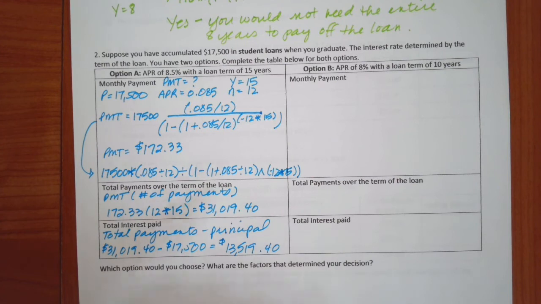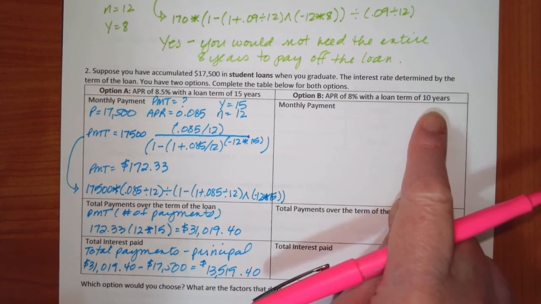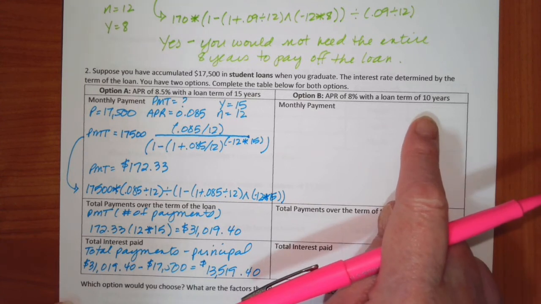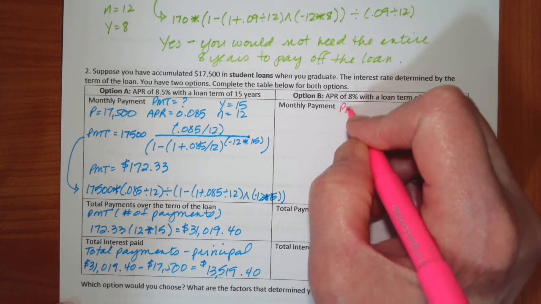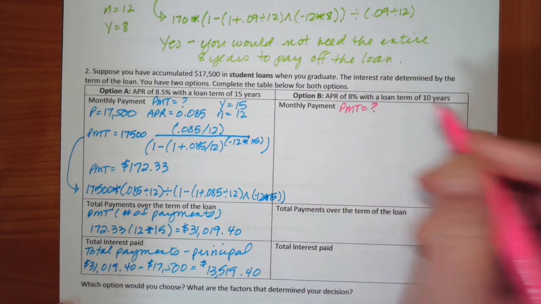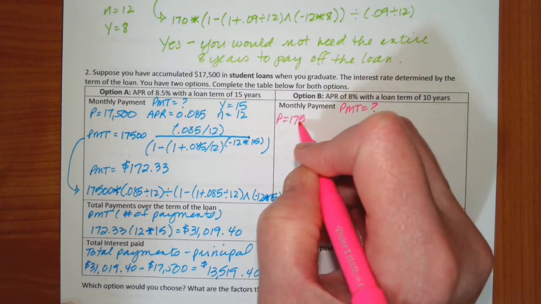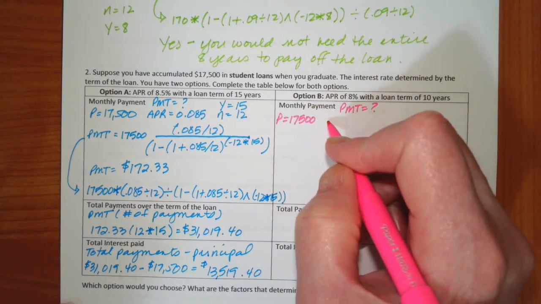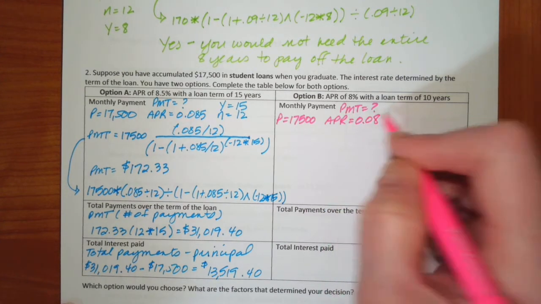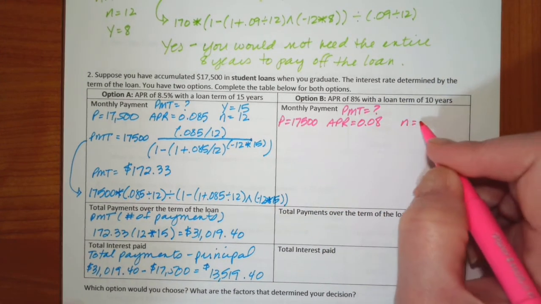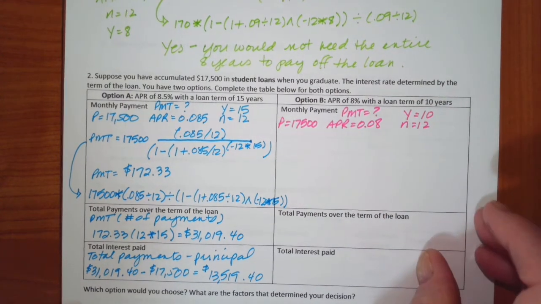Okay. All right, now we're going to mimic this exactly. The only thing that's going to change here is going to be our APR and our years. We still want to know what the payment is going to be. Our principal is still the $17,500. The APR is now 0.08, still monthly payments, but 10 years.